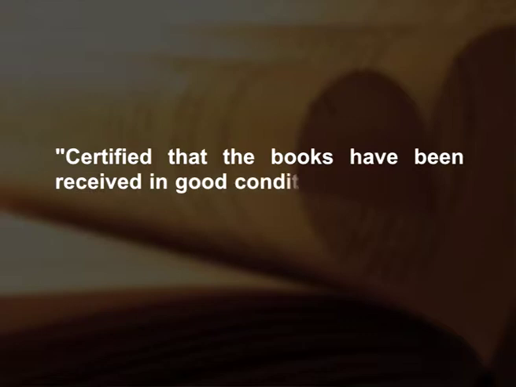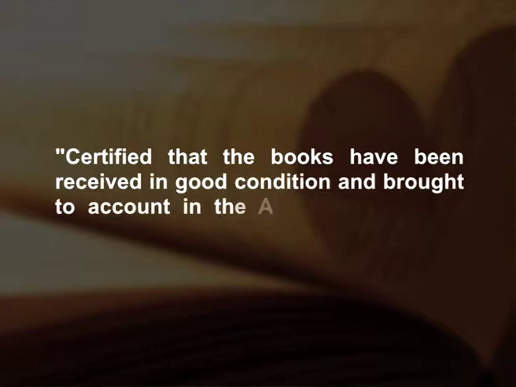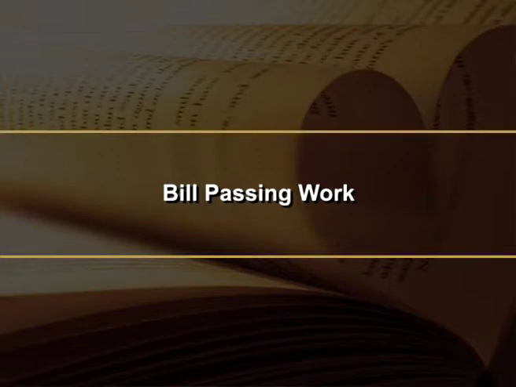The assistant or librarian gives a certificate on the bills as given below: Certified that the books have been received in good condition and brought to account in the accession register vide number. He puts his initials and sends the books for further processing. Bill passing work.